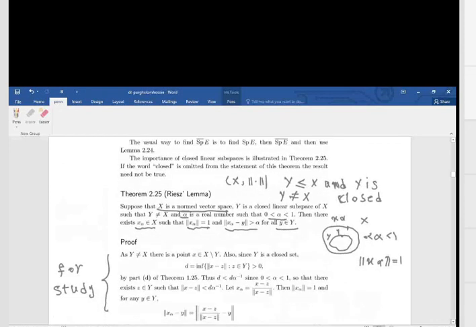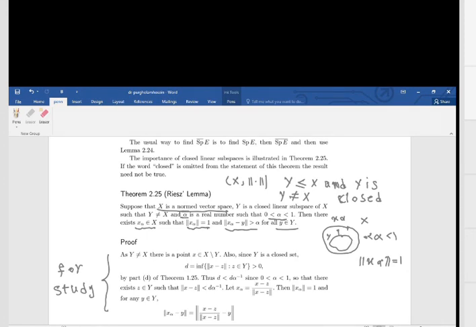Another theorem, or lemma. Suppose that X is a normed vector space and Y is a closed linear subspace of X. So we have two linear spaces. One is X and another is a subspace of X, and Y is closed.